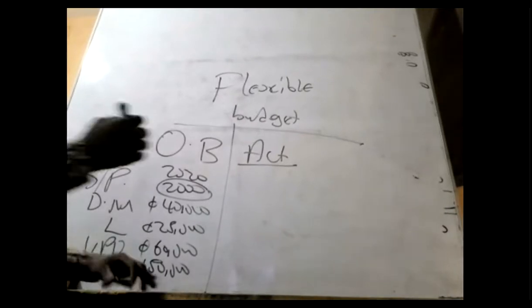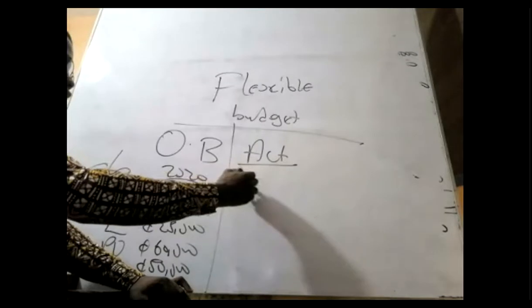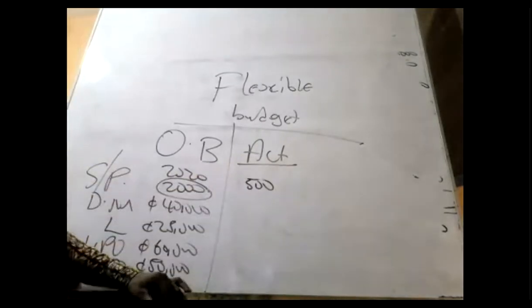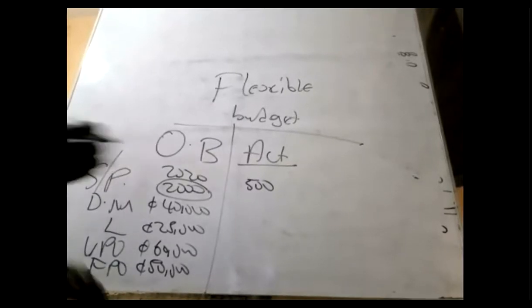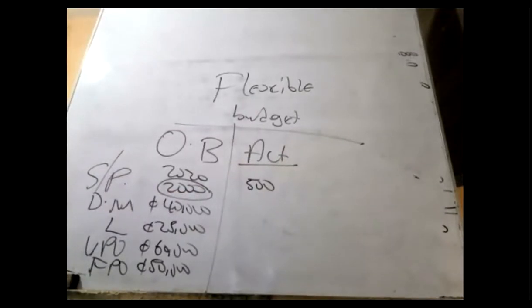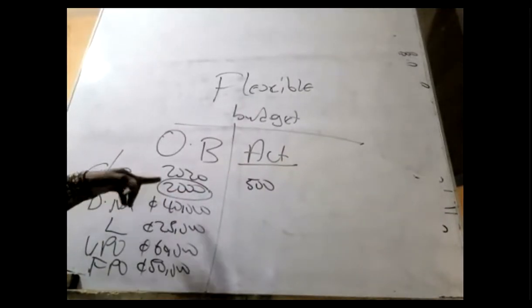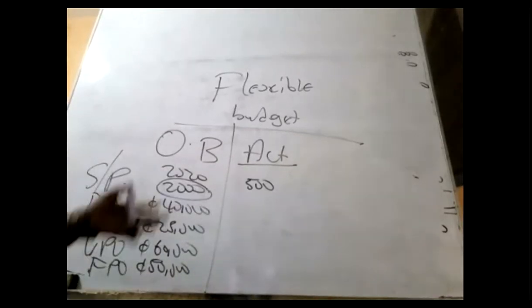So the production and sales were just 500, even for the first month. The rest didn't have any sales. Something happened here. You have budgeted to produce and sell 2,000. You actually produced and sold 500.